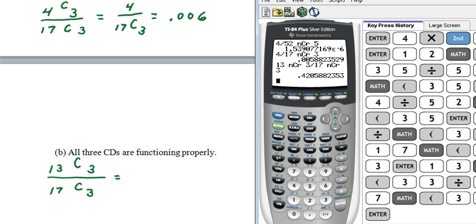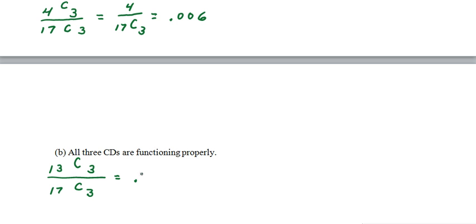And this gives us 0.421 as the probability to 3 decimal positions.